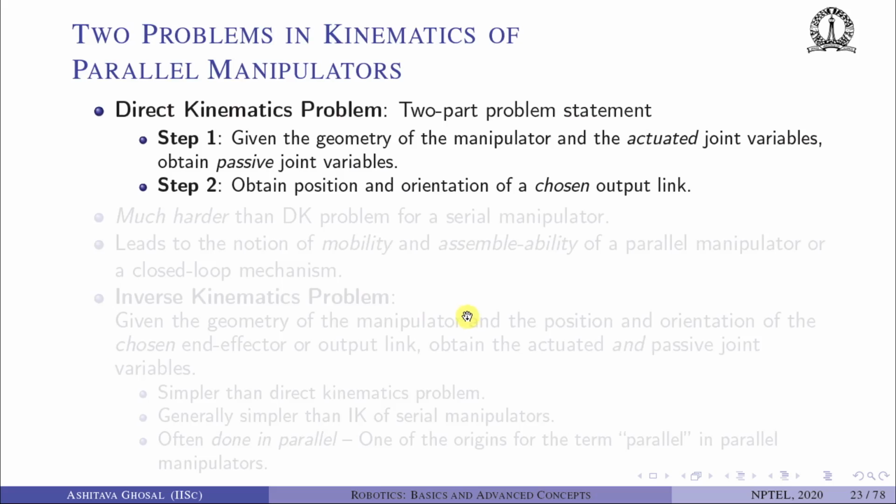So as I said, we have 2 problems in kinematics of parallel robots. One is the direct kinematics problem. It's a 2-part problem in this case, as opposed to a serial robot. First, step 1, given the geometry of the manipulator and the actuated joint variables, obtain the passive joint variables.